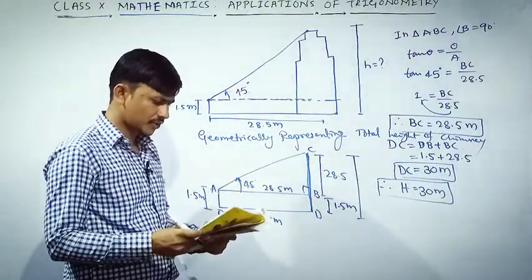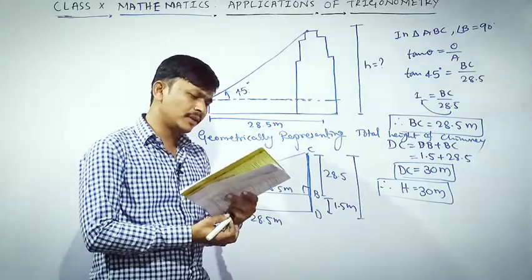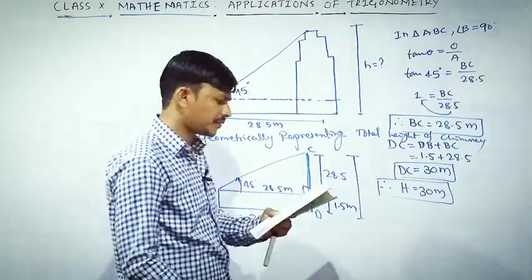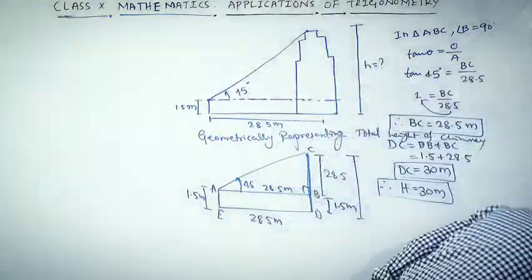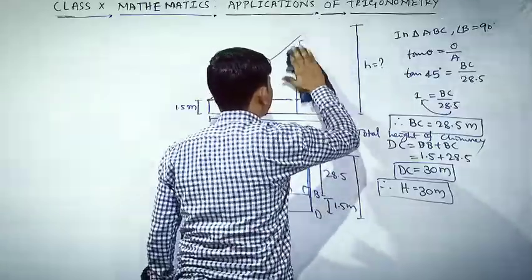Next question, fourth question. From a point on the ground, the angle of elevation of the top of a 10 meter tall building. There is a 10 meter tall building.